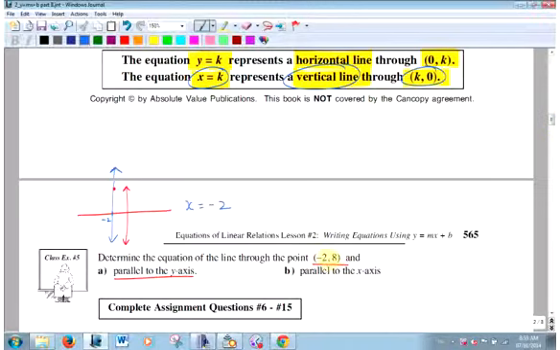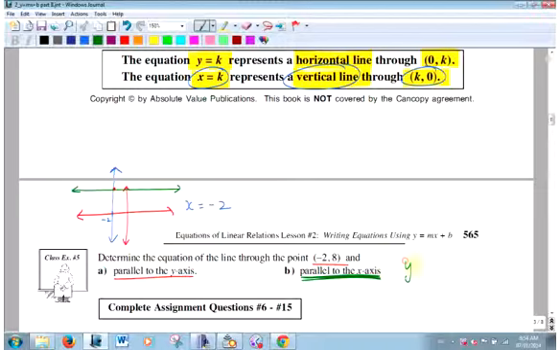Okay? It goes through the same point, but now it's parallel to the x-axis. So that looks like that. Right? Okay, here's the x-axis. What's the equation of this guy? This one's a little easier to understand because it does have some rational slope.